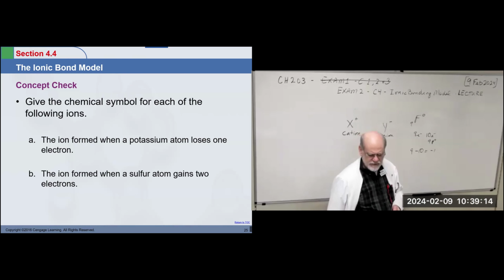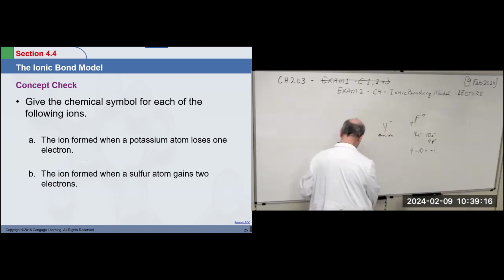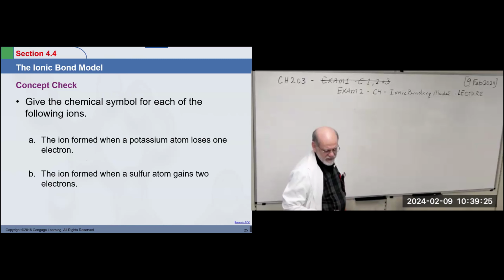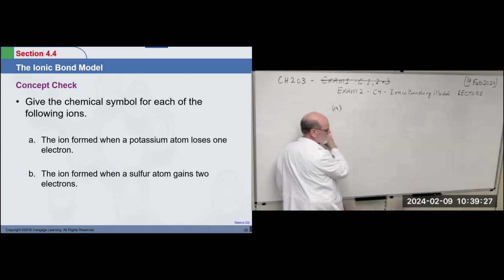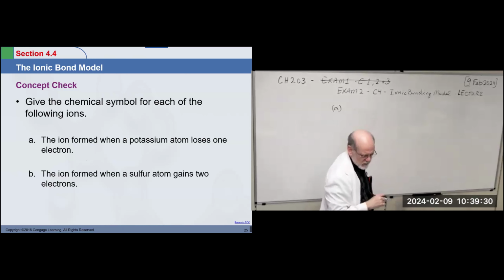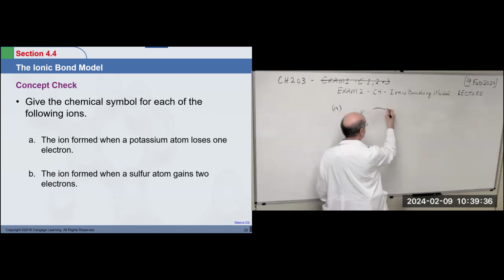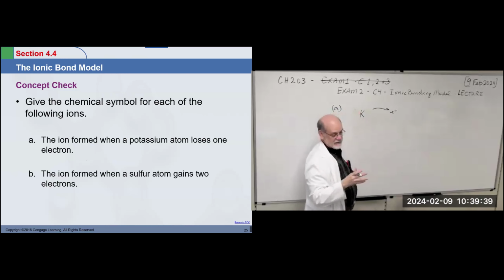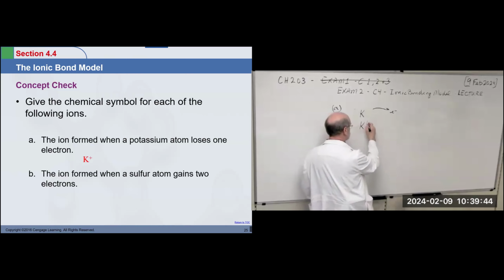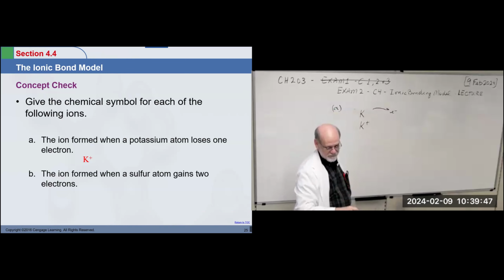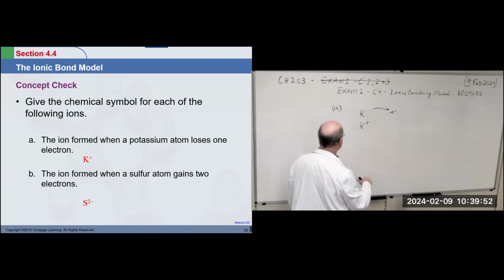Okay. Give the chemical symbol for each of the following ions. All right. Let's see if we can do this. The ion formed when a potassium atom loses one electron. It's going to lose a negative, right? What does that mean? That means now it's excess positive, one positive. So now that becomes like that. The ion formed when the sulfur atom gains two electrons.